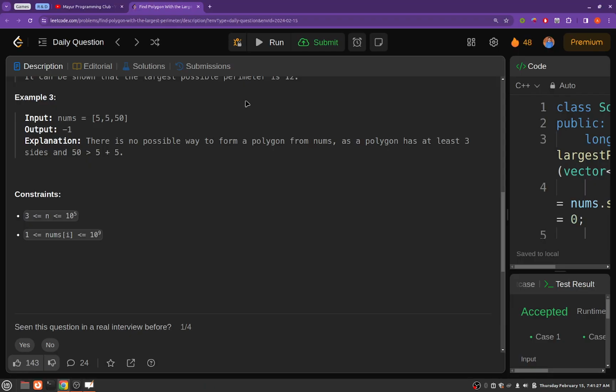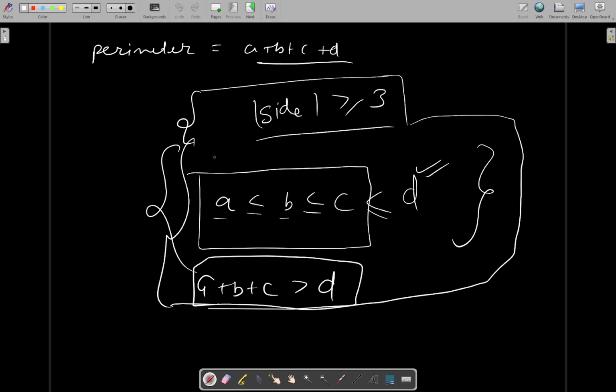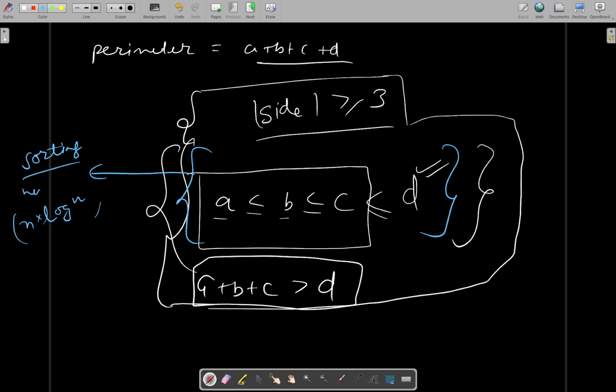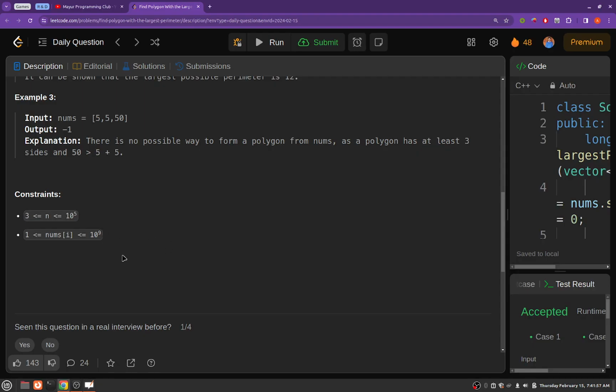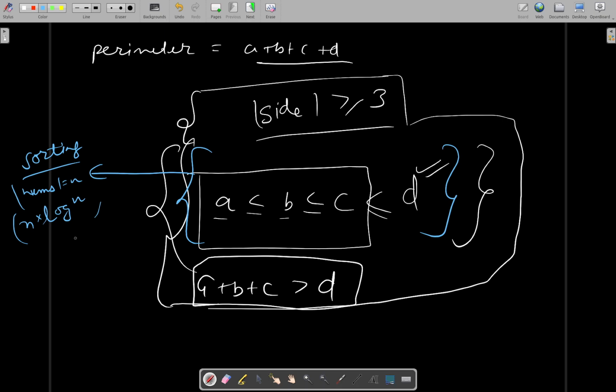First of all, this condition can be easily satisfied if, let's say, we decide to sort the nums array. This condition can be easily taken care of with the help of sorting, and since sorting takes n log n, where this n is the size of the nums array, and as mentioned in the constraints, it's of order 10 raised to power 5, this thing will not generate TLE.